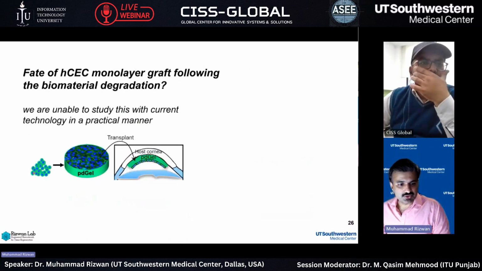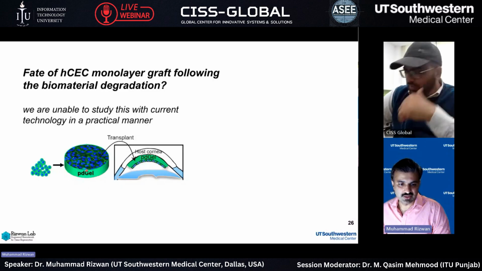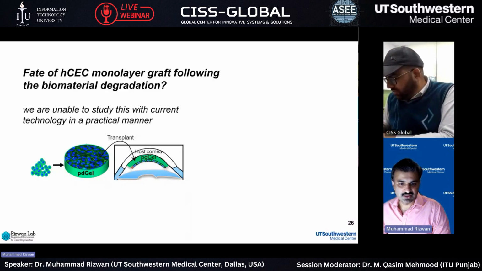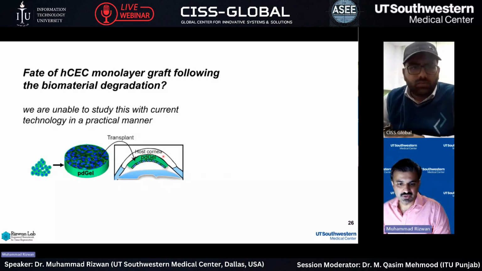Remember, our goal is to create a transplantable matrix on which we can grow a monolayer of cells or a sheet of cells. And when we transplant, this is the host cornea, this is the hydrogel film, and then on this side, we have the transplanted cell.